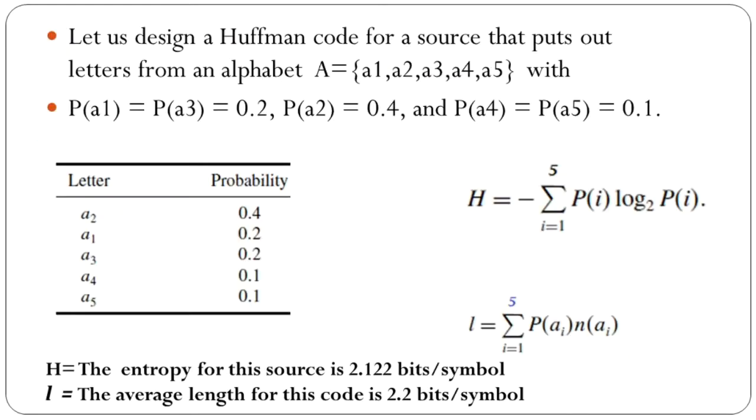To understand the conditions of Huffman coding, we'll take one problem and solve it. Based on the entropy and the length of the code, we'll conclude how it is used. So here we have one example.